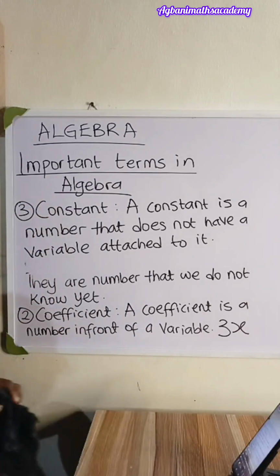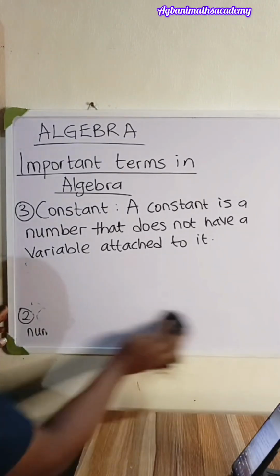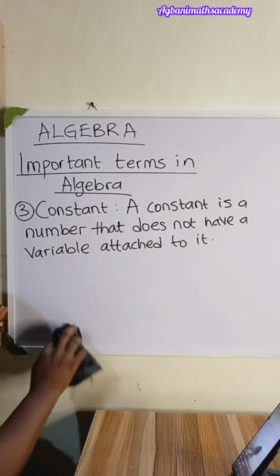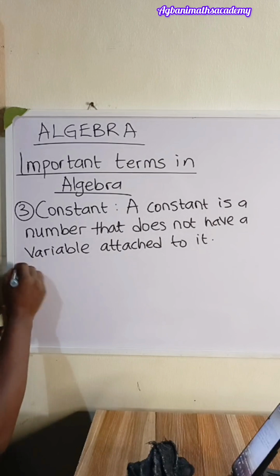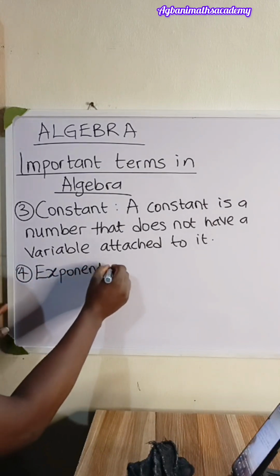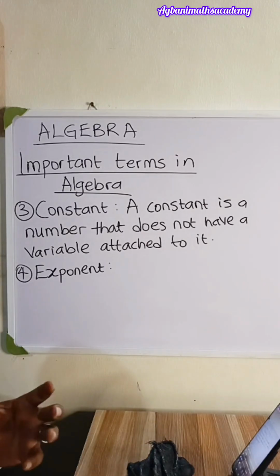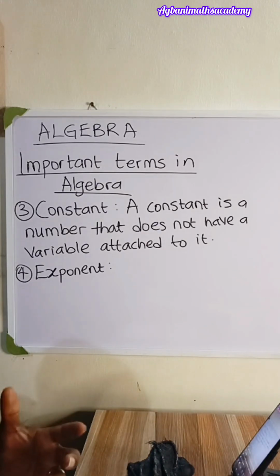Next is number 4, exponent. This is a number that is above a variable or a coefficient.